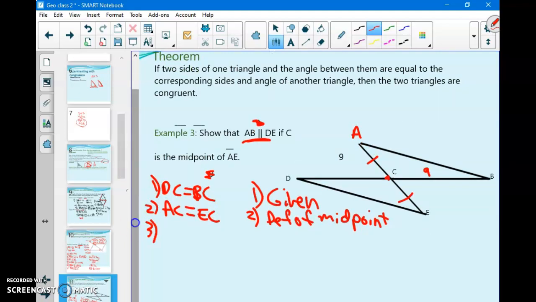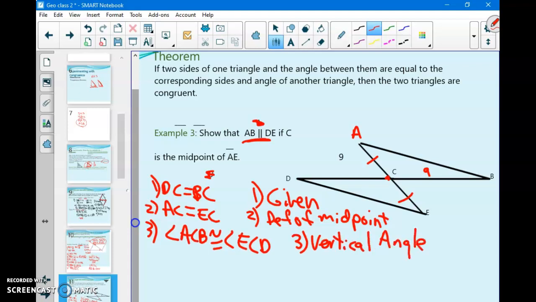Let's go to step 3. I know that angle ACB is congruent to angle ECD because they are vertical angles. That's another thing that we talked about in the review. And so I know because I have two sides that are equal to each other and the angle between them, I know that triangle DCE is going to be congruent to triangle BCA by side angle side.